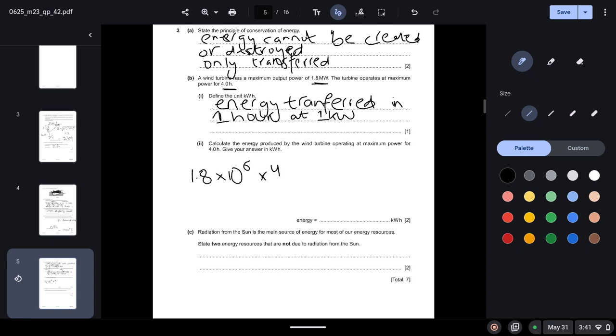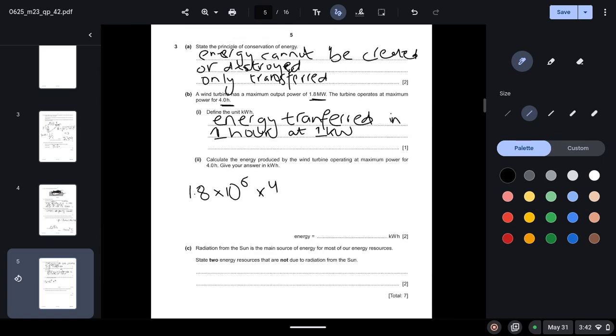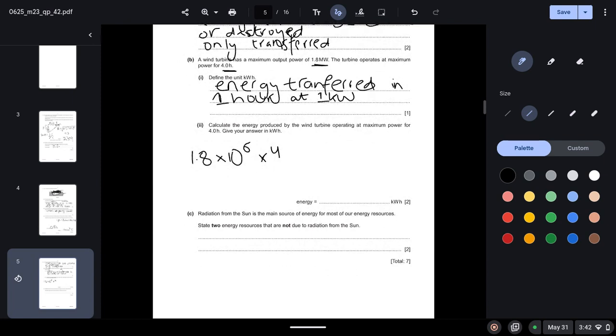So put this in your calculator and you will get 7,200 kilowatt hours.